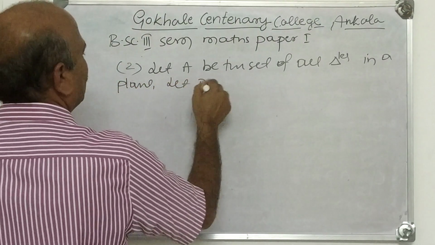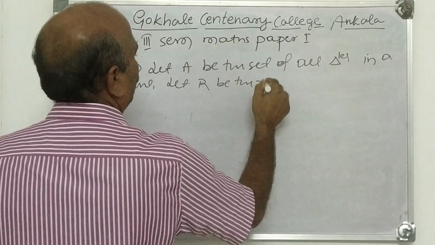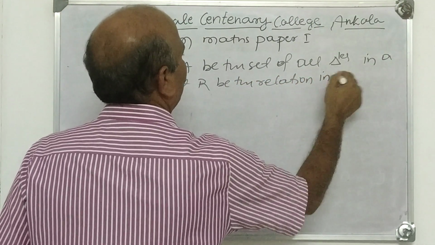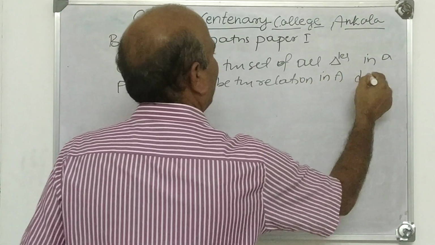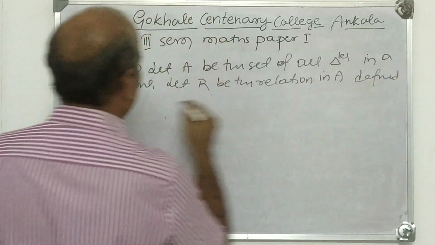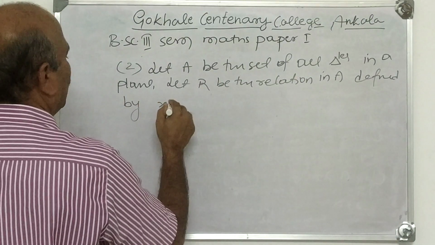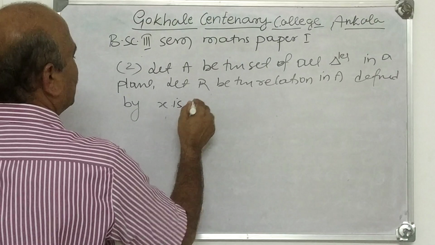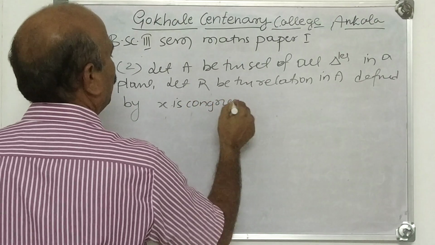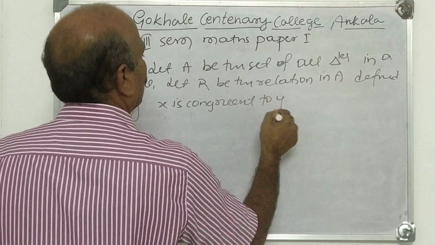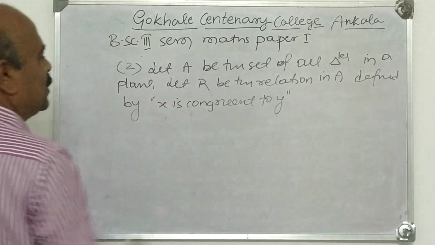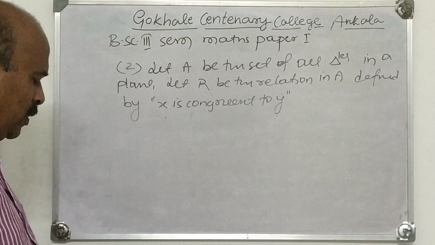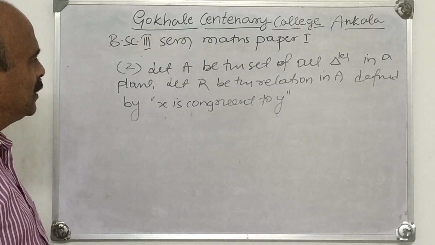Let R be the relation in A defined by x is congruent to y. Then it is an equivalence relation.